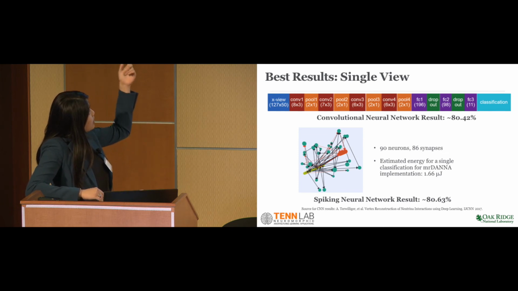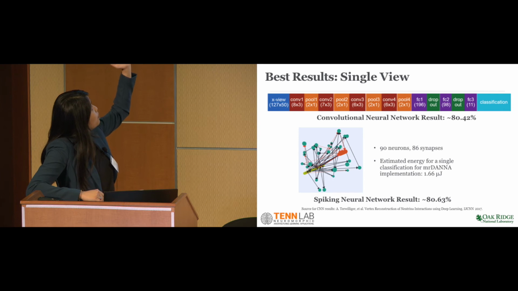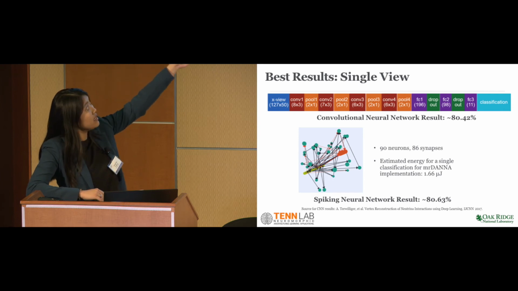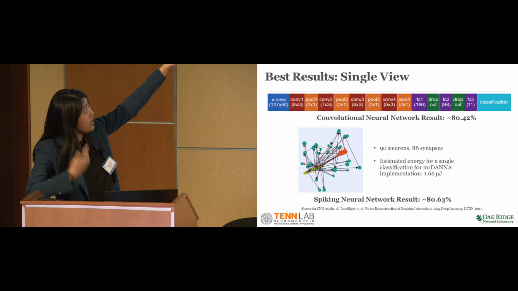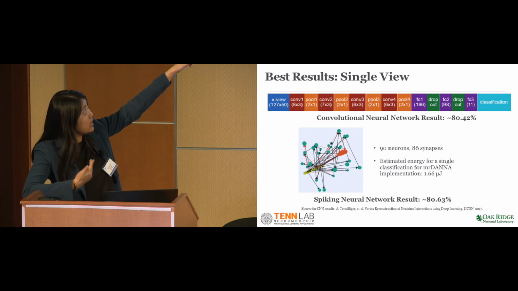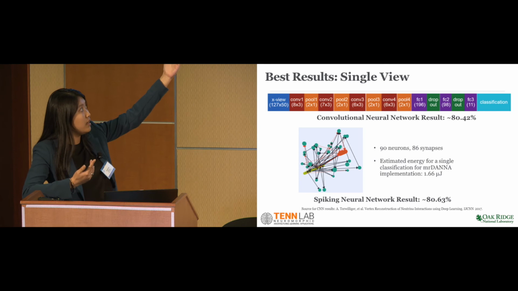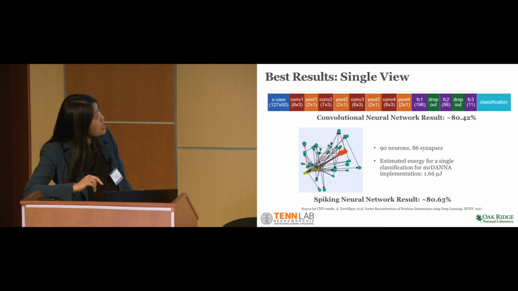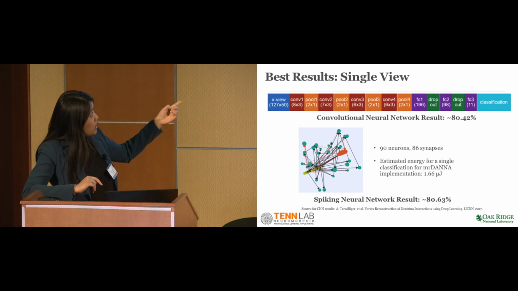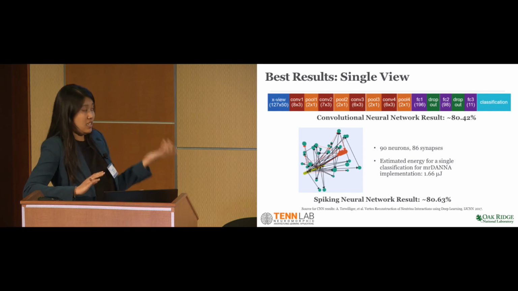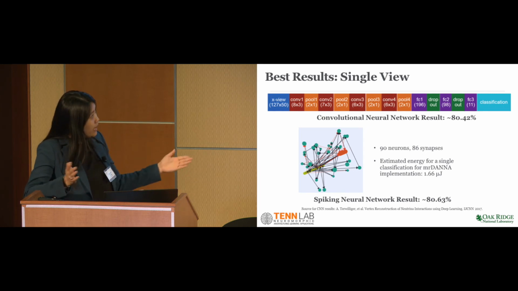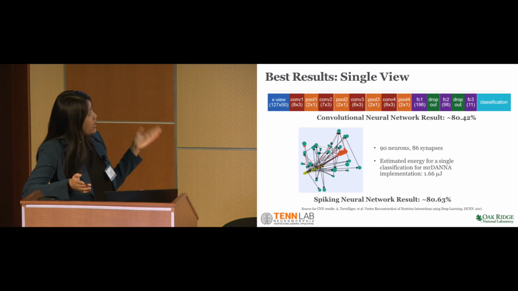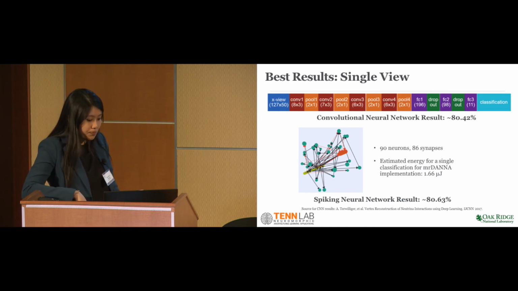For the convolutional approach, you can see there are some pooling layers, and then at the end there are fully connected layers that have 196 neurons in layer 1, 98 neurons in layer 2, and the output has 11 neurons. But for the spiking neural network, there are only 90 neurons and 86 synapses. So that's a pretty big difference between the deep learning and the spiking neural network approach.